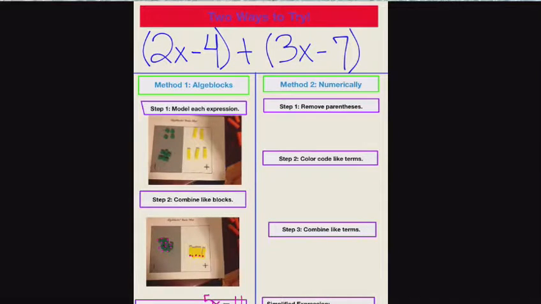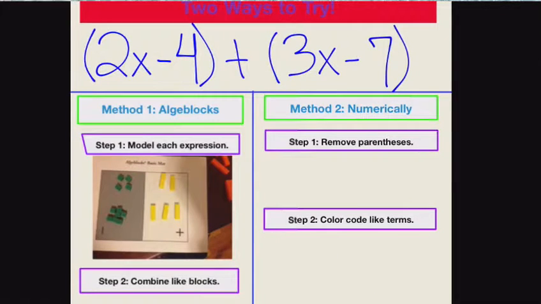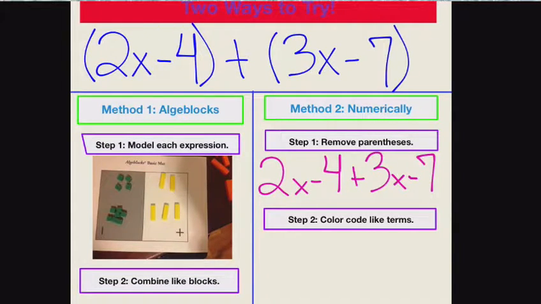All right, let's go ahead and try this numerically. So step 1 is to remove those parentheses. So we've got 2x minus 4 plus 3x minus 7. Go ahead and color code our like terms.